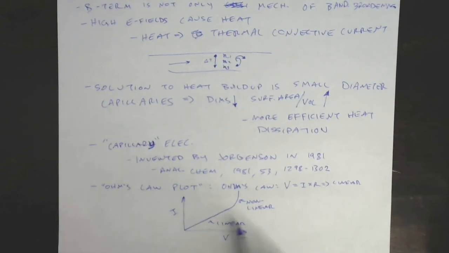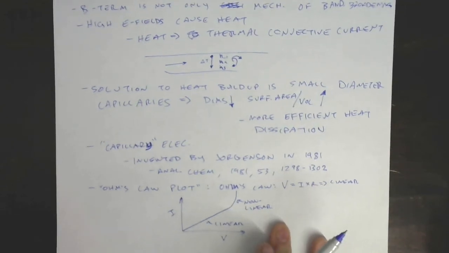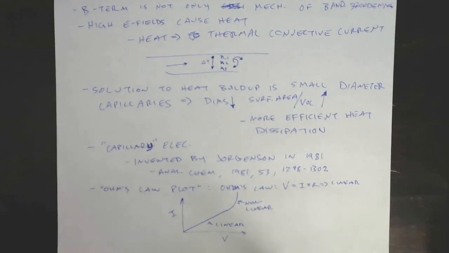So first thing, why does this go nonlinear? The solution inside your capillary has some resistance, and that resistance is a function of many electrical properties. One of those properties, for example, is viscosity. As the viscosity goes down, ions can move more freely, which gives it a lower resistance. When it heats up, those properties, like viscosity, change.